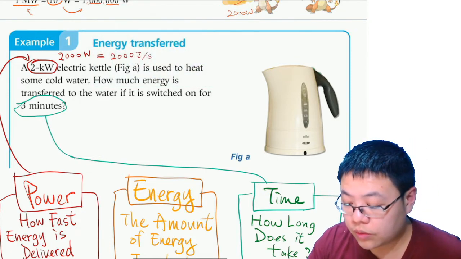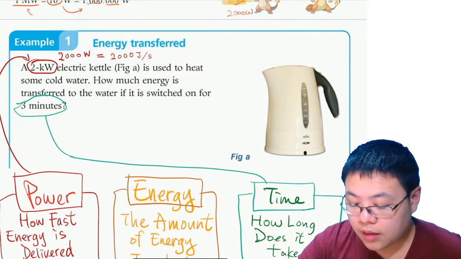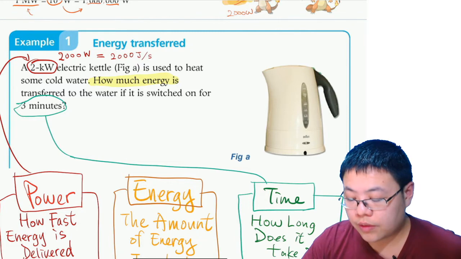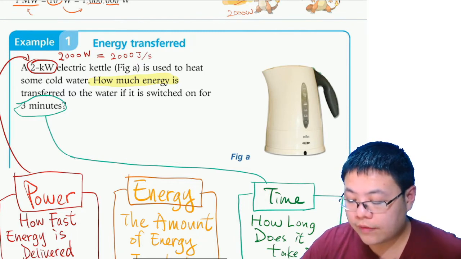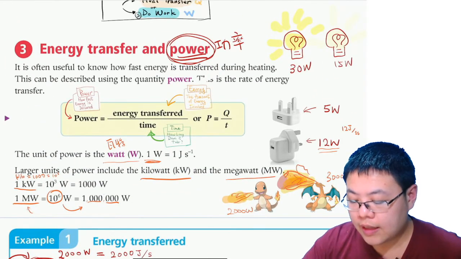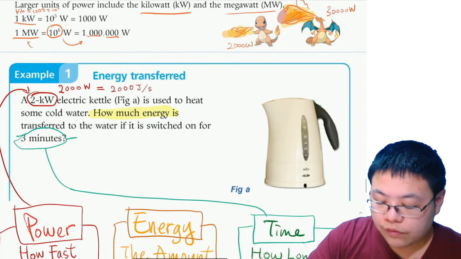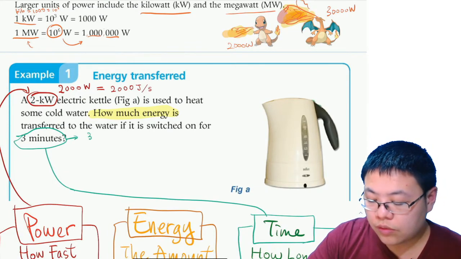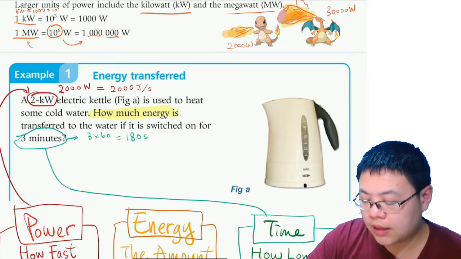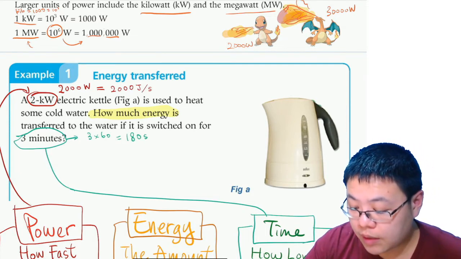The question asks, how much energy is transferred? Have a look at the equation again. Energy transfer is this one, power and time are here. So 3 minutes is equal to 3 times 60, which is 180 seconds. And we can make use of seconds, and at the end we can calculate how many joules.